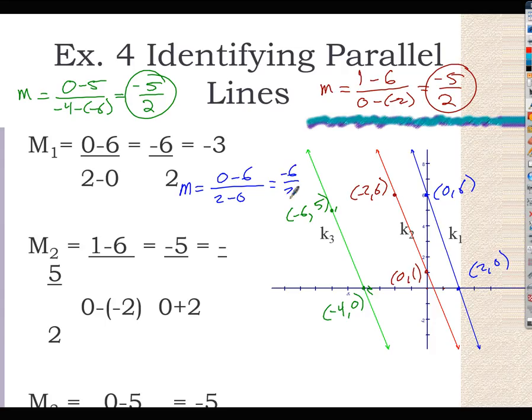Negative 6 over positive 2. What's that equal to? Negative 3, isn't it? Same thing as negative 3 over 1. So what's that tell you about the blue line? It's not parallel to either of the other two. Good. So only the red and the green were parallel.